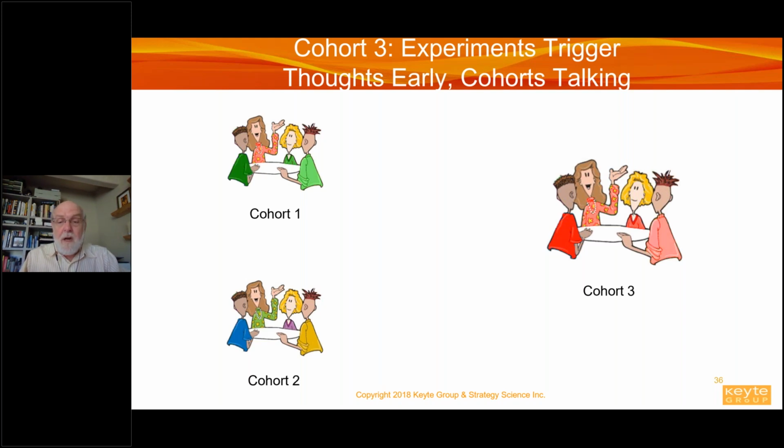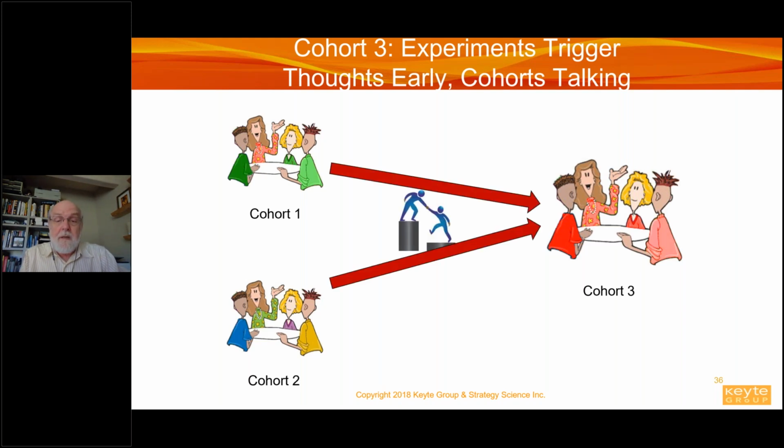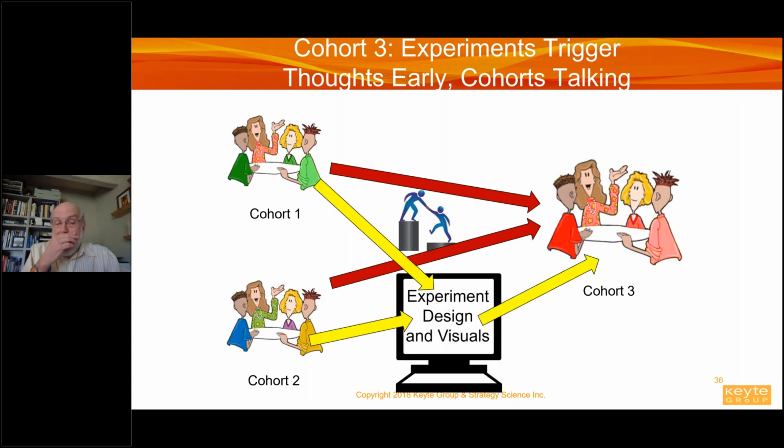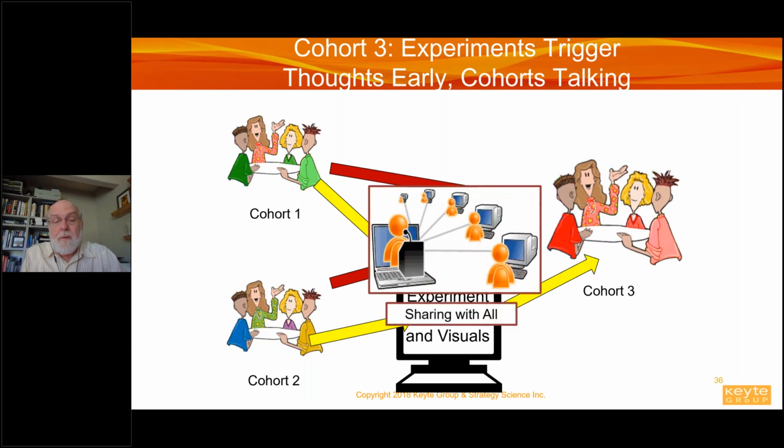So cohort 3 gets pretty excited. They start doing their own research and doing some cool things on their own because they're reaching out to them, and cohorts 1 and 2 are logging in their visuals and their experiments, and cohort 3 is looking at them ahead of time. Say, oh, look what they're trying to do. Look what succeeded. Look what didn't succeed. This is really interesting. So that was cool. And then they were sharing all around.